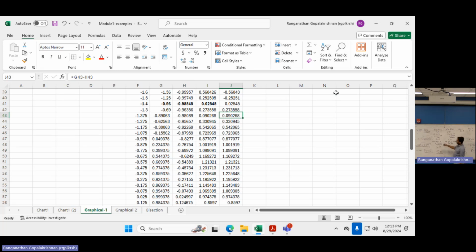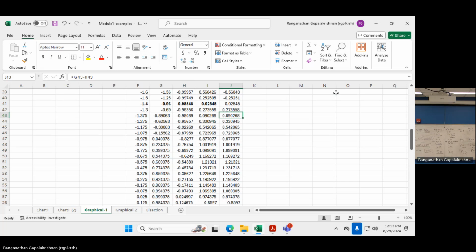You can take X naught, which is this 1.5, and B, whatever is here, A and X naught, compute the difference. The last one I computed is 12.5 divided by 150 or 8.3%.